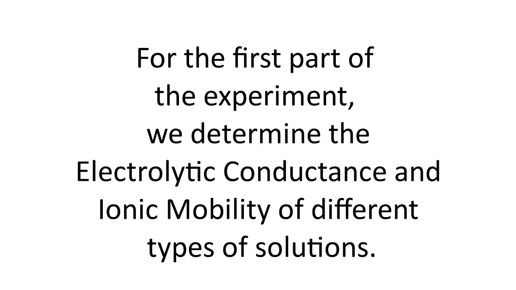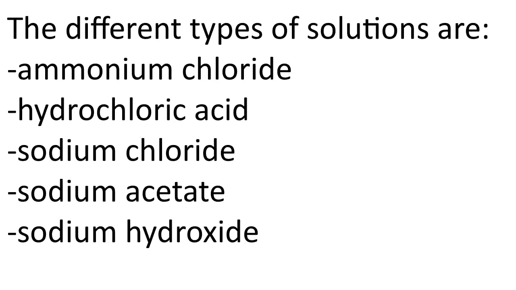For the first part of the experiment, we determine the electrolyte conductance and ionic mobility of different types of solutions. The different types of solutions are ammonium chloride, hydrochloric acid, sodium chloride, sodium acetate, and sodium hydroxide.